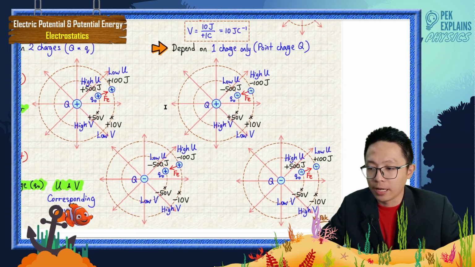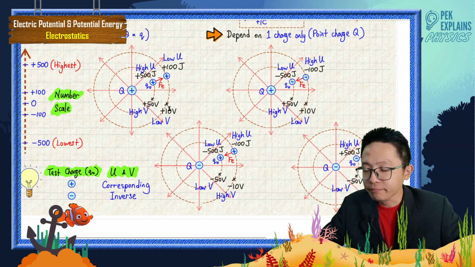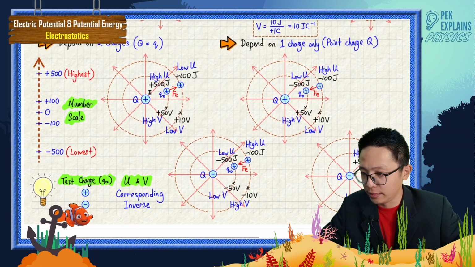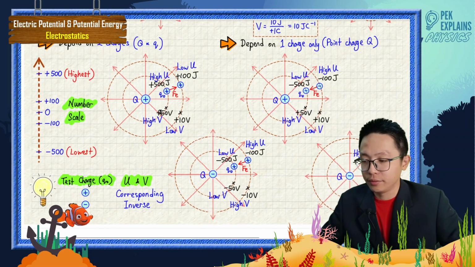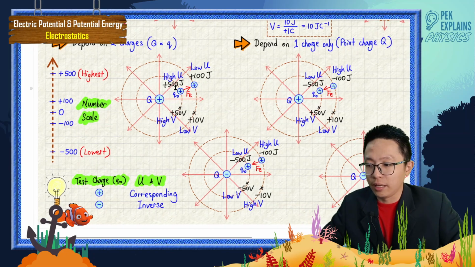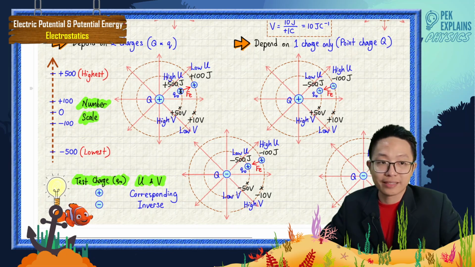Now, first of all, I want you to look at the value. You see the 500 and 100? These refer to the test charge, the electric potential energy possessed by the test charge.